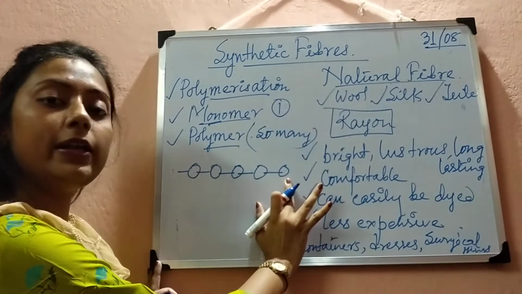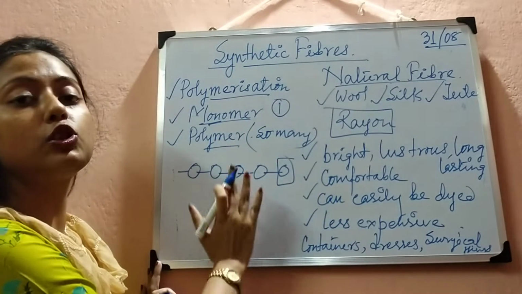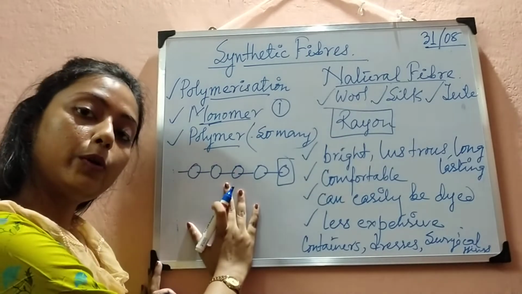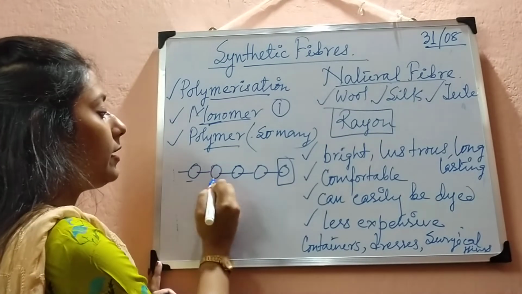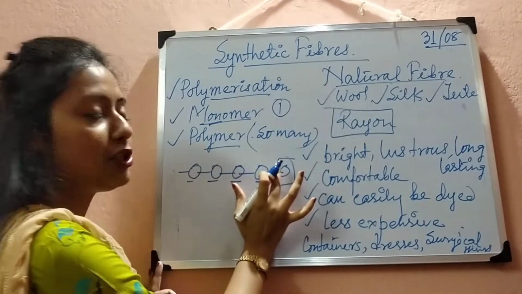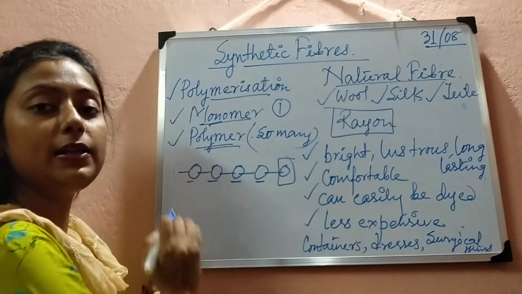Poly means many and mono means only one. So attaching many monomers creates a polymer. These are the individual monomers, and attaching the monomers together in a fashion or style is termed a polymer.